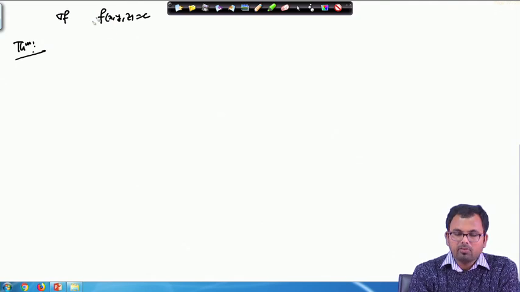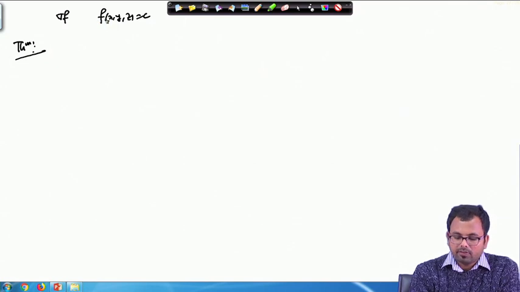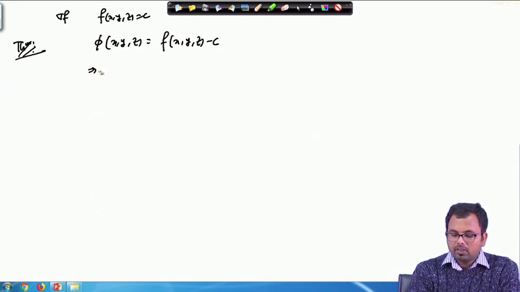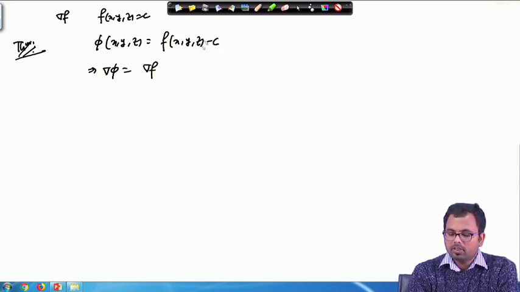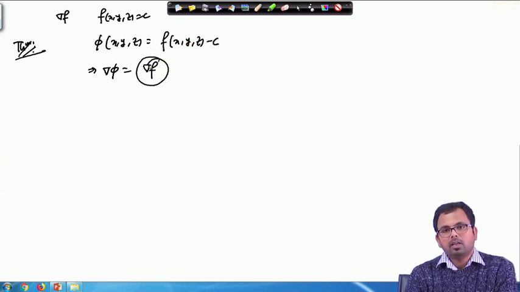When we calculate the gradient of this surface, we can simply write phi(x, y, z) equals f(x, y, z) minus c, and then calculating gradient of phi is like calculating gradient of f, because gradient of c will be 0. So, what does this gradient of f mean here?